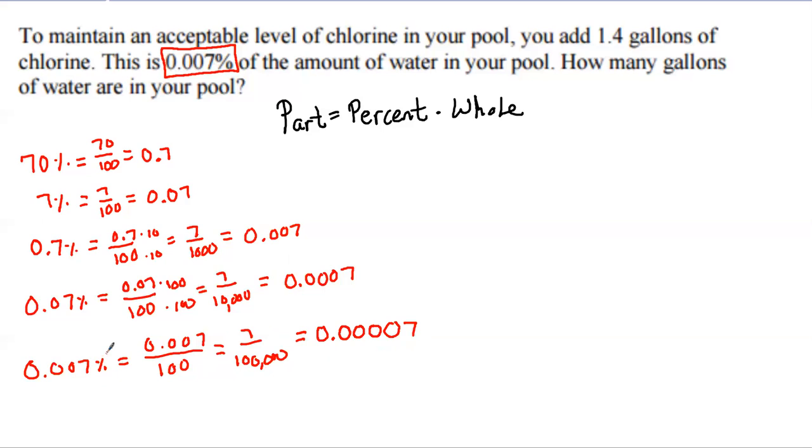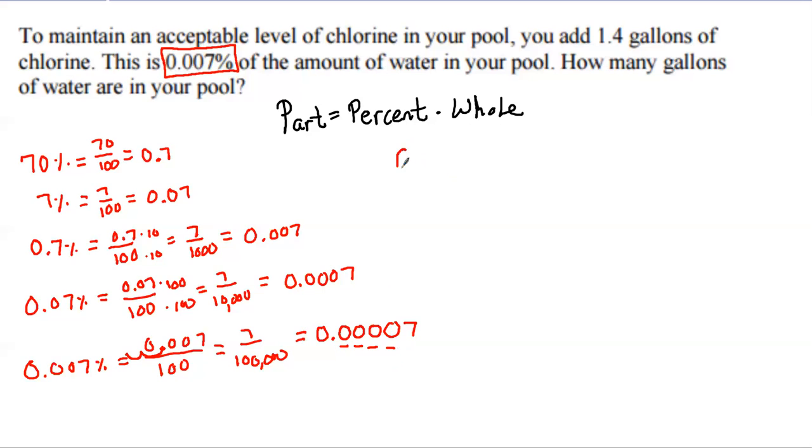The quick way is, if you have a percent, you want to think of it as dividing by 100. So really, you're just shifting this decimal 2 places to the left. And when you do that, you're going to have 1, 2, 3, 4 zeros in front of that 7. And that's exactly what I have right here.